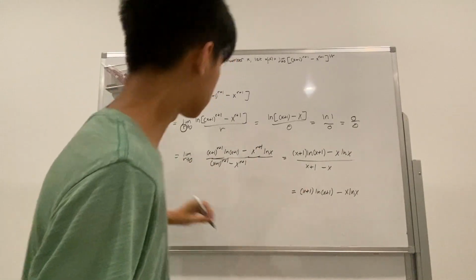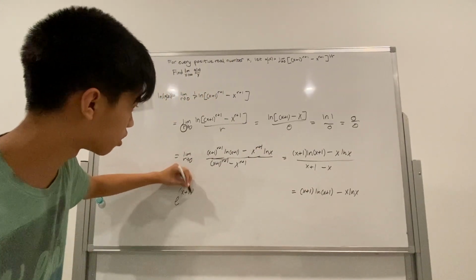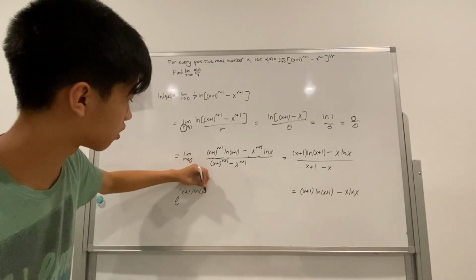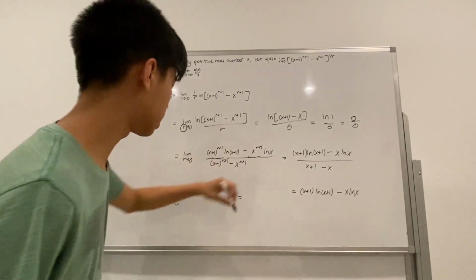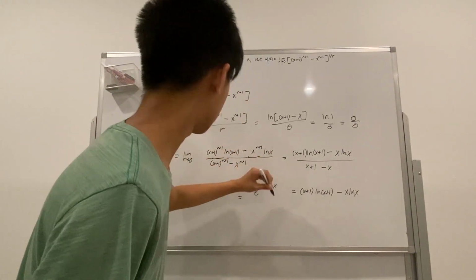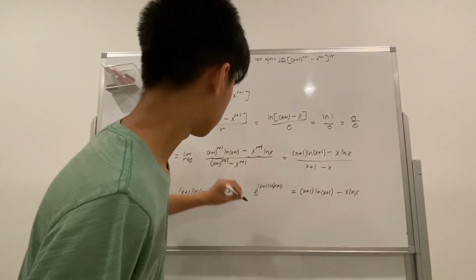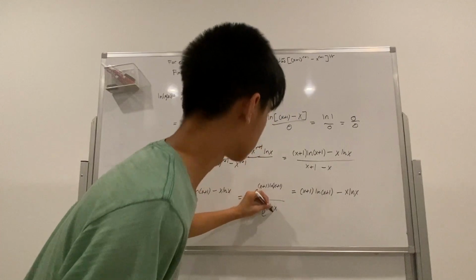So we raise this to the e power. We get e to the x plus 1 ln of x plus 1 over e to the x ln x.